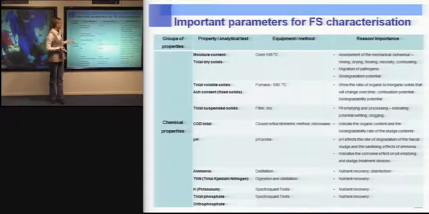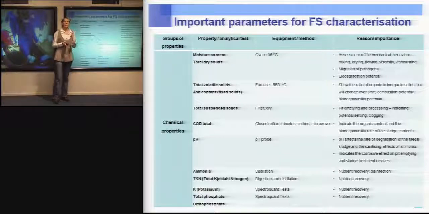For example, if we take the moisture content, this gives us an assessment of the mechanical behavior of the fecal sludge as a material for processing like mixing, drying, flowing, or combusting. It is also an indicator about the biodegradation potential of a sludge, knowing also the age and the COD in combination with the COD values.